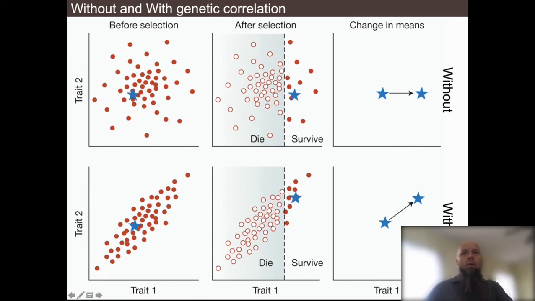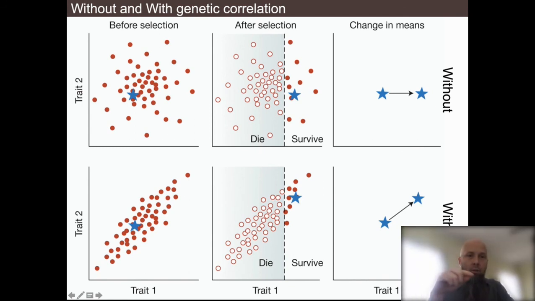So there can be these correlations between different traits, okay? If there is no such correlation between trait 1 and trait 2, then if we have a population on the top left before selection with some average, and selection acts on trait 1, the average for trait 1 shifts to the right, but it has no effect on trait 2, up or down on the y-axis, because there's no correlation between trait 1 and trait 2.